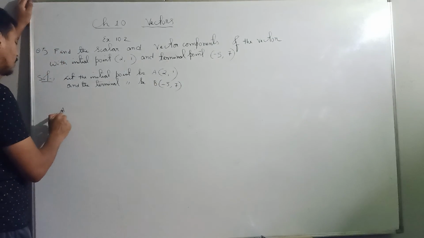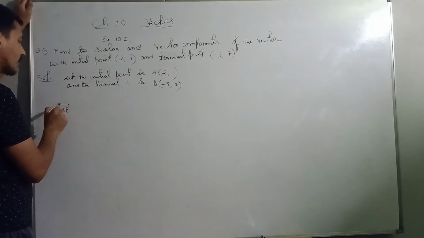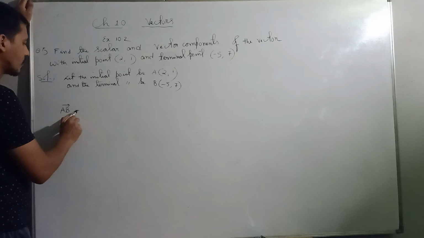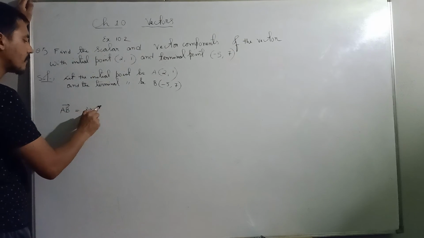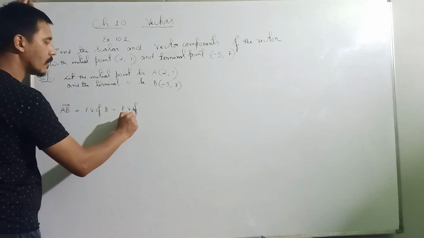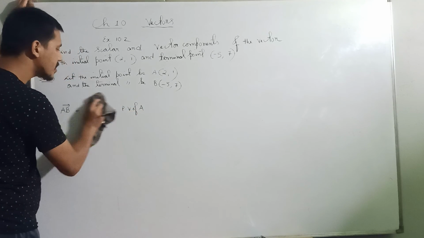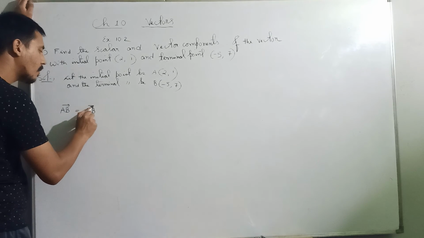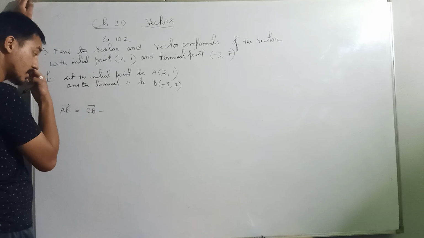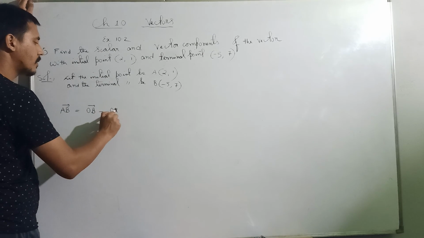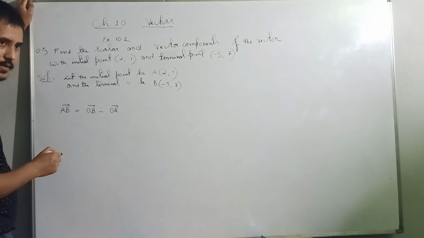So you want to find out vector AB, right? In order to find out vector AB, how do we do? Position vector of B minus position vector of A. Position vector of B, how do we represent? Vector OB minus vector OA, right? Is it okay?